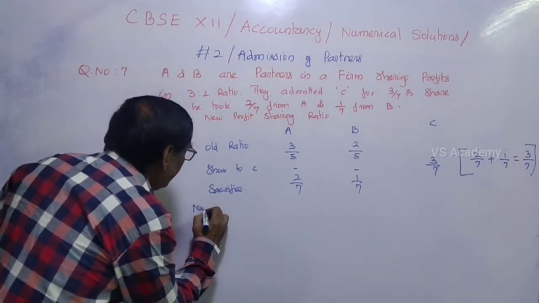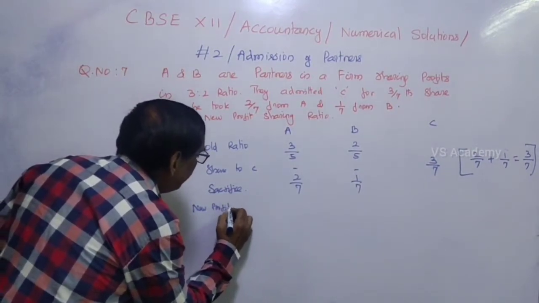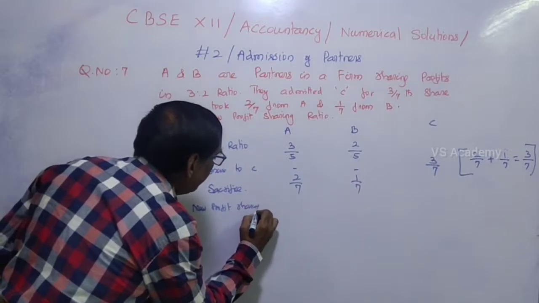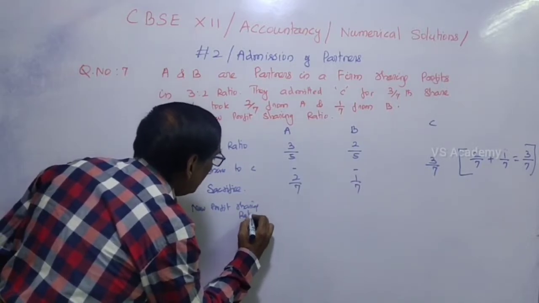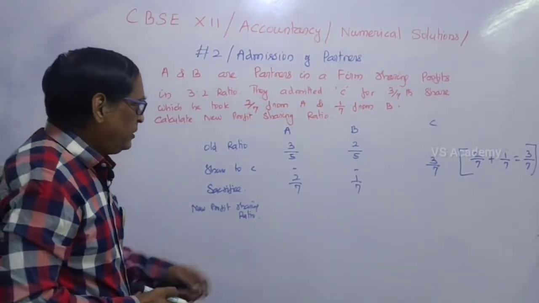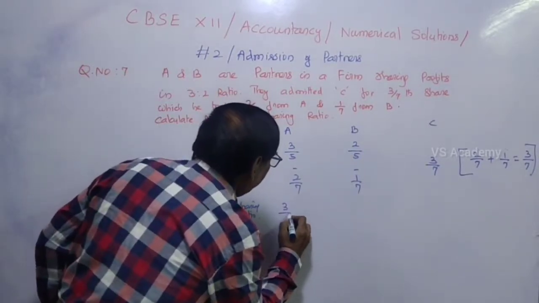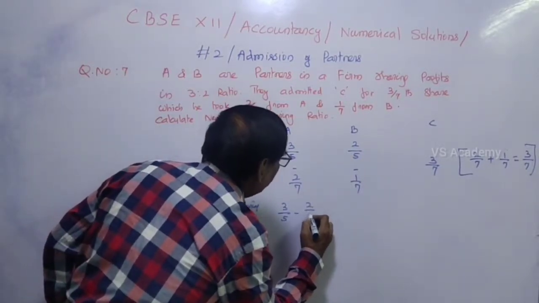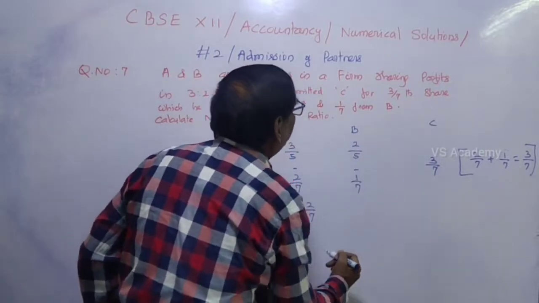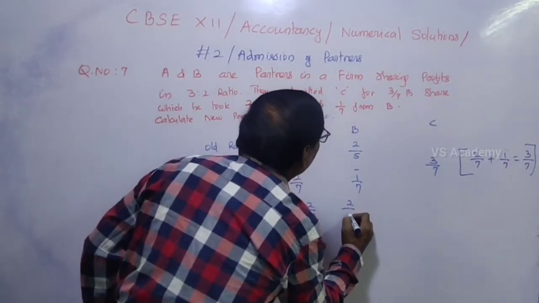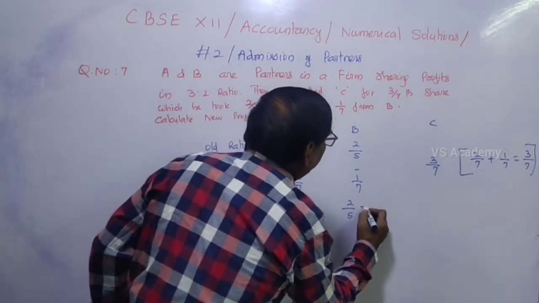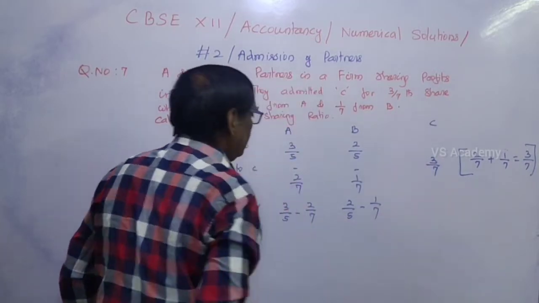New profit sharing ratio is old minus sacrifice. For A: old 3/5, sacrifice 2/7. For B: old 2/5 minus sacrifice 1/7.